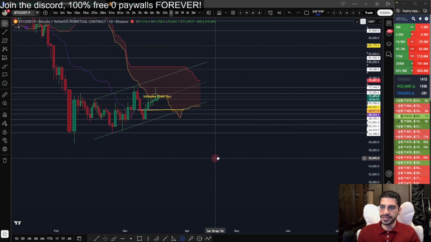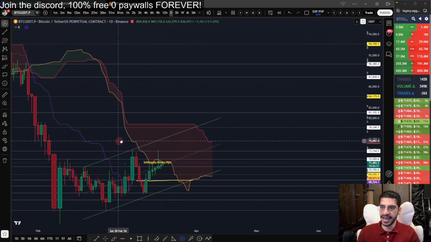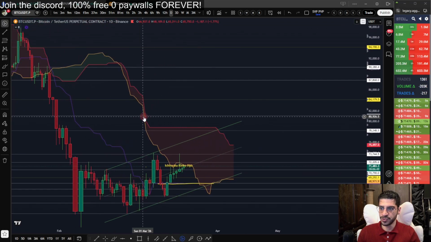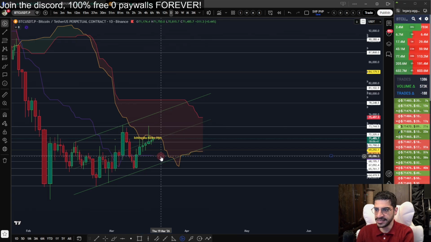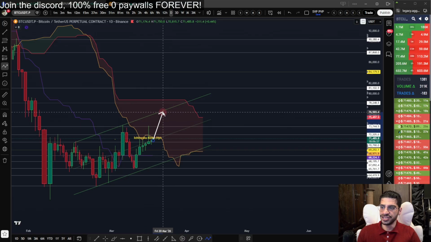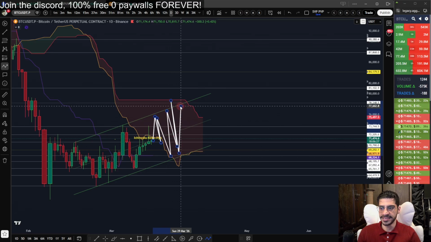Not only that, but something to look out for as well is whenever we get into areas, especially on higher time frames, where we see super thick Ichis like this, there's a good shot that the price is not going to want to go through an Ichi this thick, because just like a plane, if we go through this thick cloud, there's going to be a lot of turbulence and it's going to be insane.